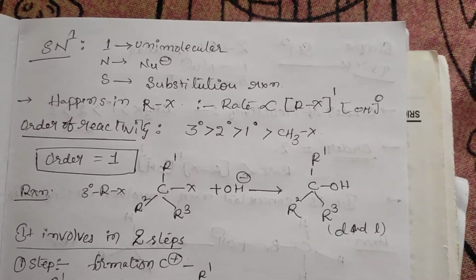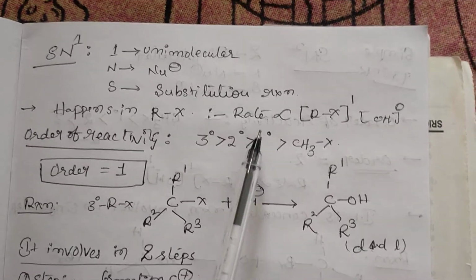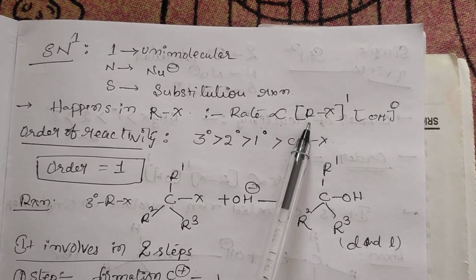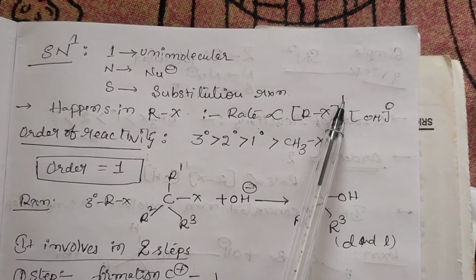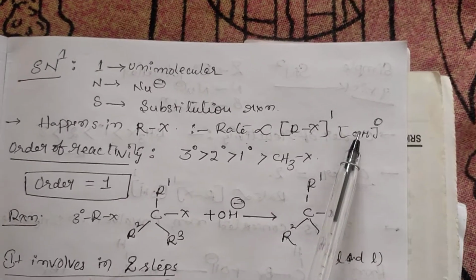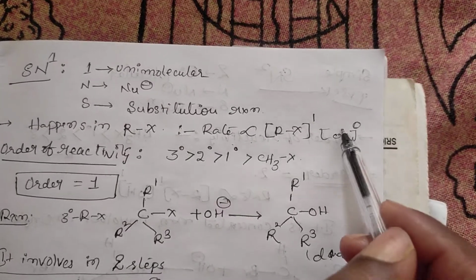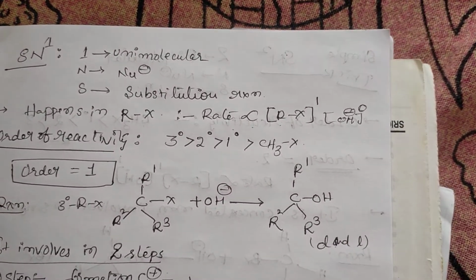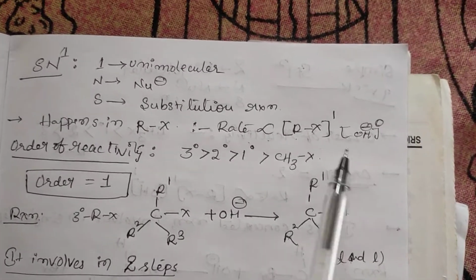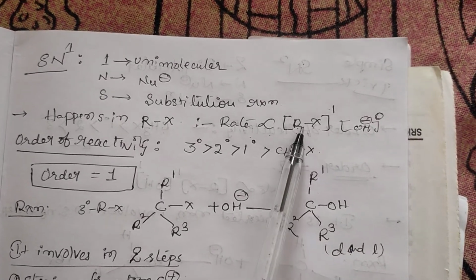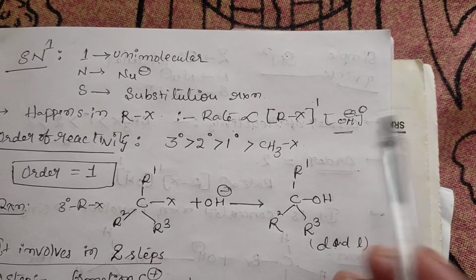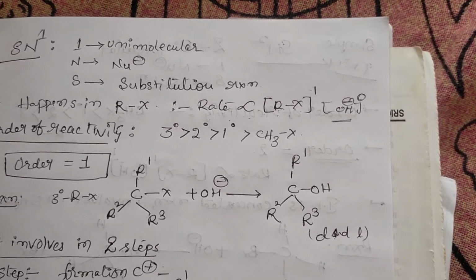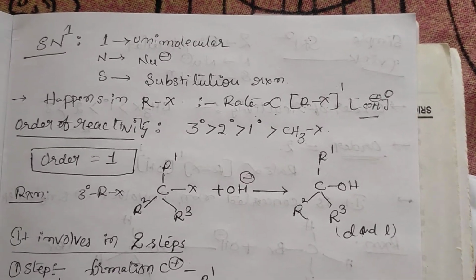So the rate of reaction is directly proportional to the concentration of alkyl halide to the power 1, and OH minus nucleophile to the power 0. With respect to alkyl halide it is first order, with respect to the nucleophile it is zero order, because it is not depending on the nucleophile.